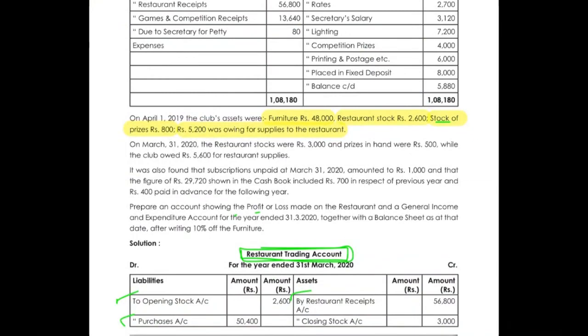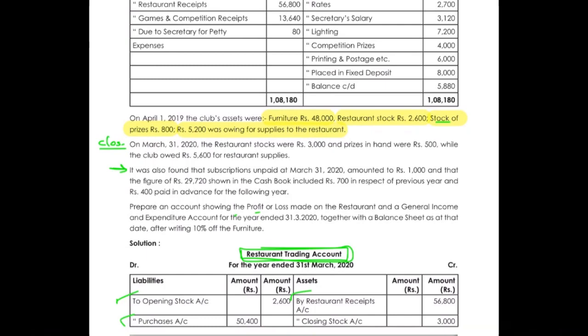Let's start reading out that information. So they have given, there were some, this information is regarding your closing balances. So right now, let's ignore this. Let's read out the next paragraph from here.